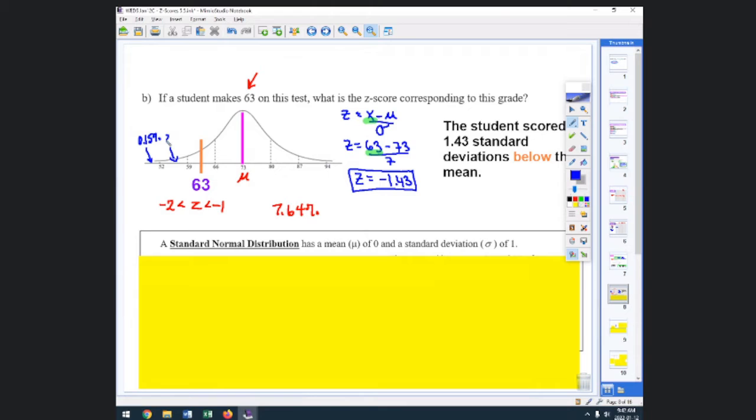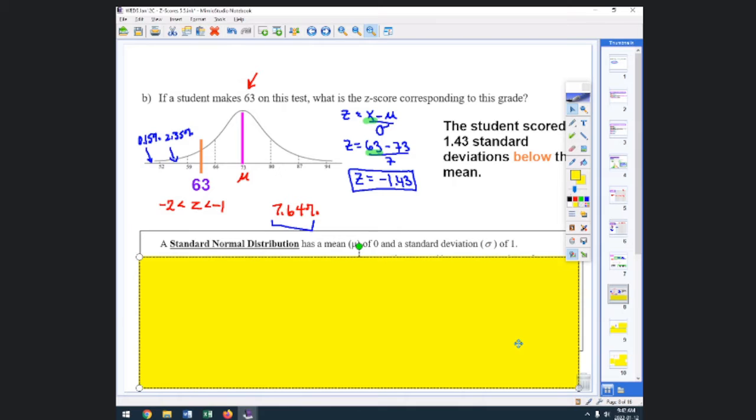This is 2.35%. This is 13.5%. Well, here I'm at 2.5%. If I'm into this bin here, doesn't it make sense that I would be more than 2.5%, but a lot less than 13%? That should make sense, hopefully. We're not asked for that. We're just asked the z-score right now, but just to connect it back to what you already did.